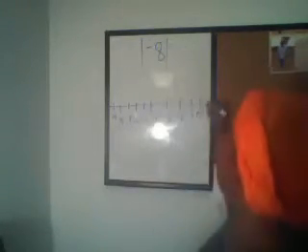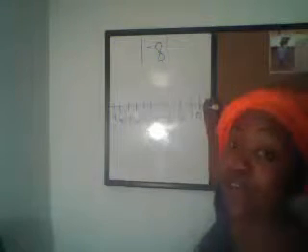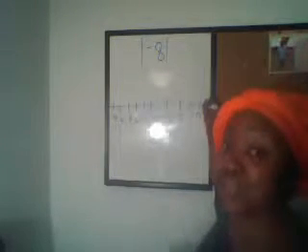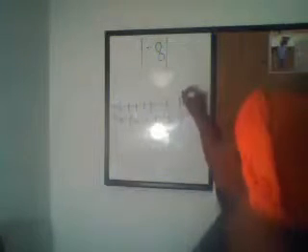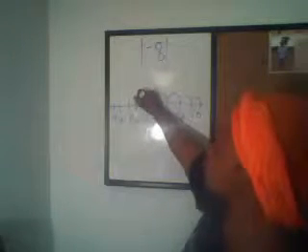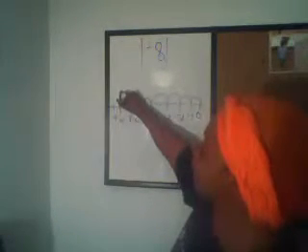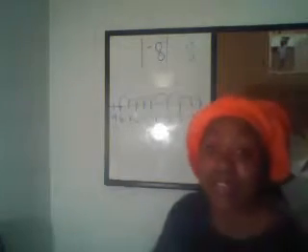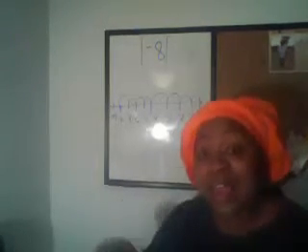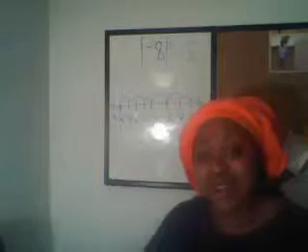Okay? So let's plot our 0 and move over the number of units it takes to get to -8. So count with me. 1, 2, 3, 4, 5, 6, 7, 8. The absolute value of -8 is 8 because -8 is 8 units away from 0.